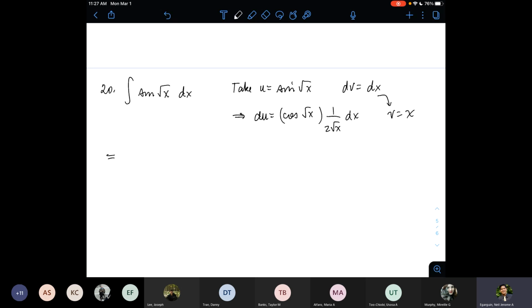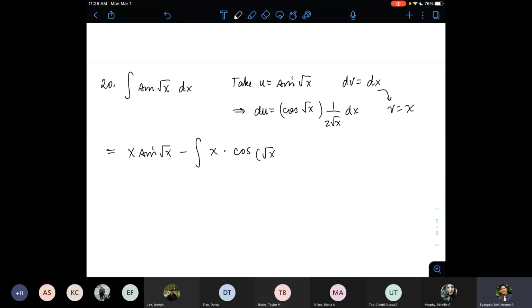Then I'll apply formula number 1. It's uv, so it's x sine of root x. And now I am praying that the integral of v du is much easier to solve than the original one, right? So here we'll have minus the integral of v du. So that's x over 2 root x, or maybe I should write it as u times dv.